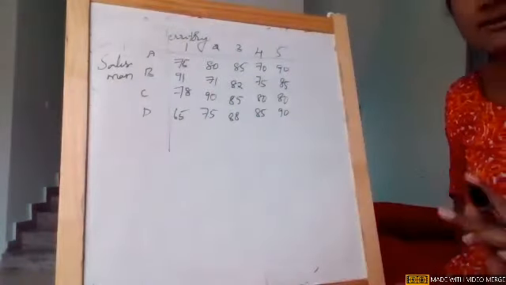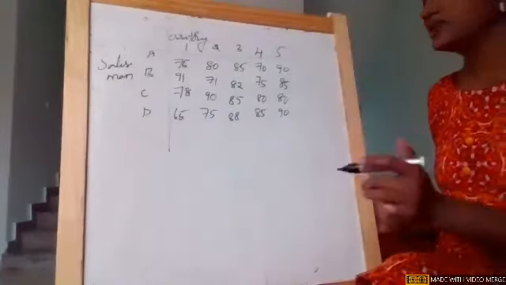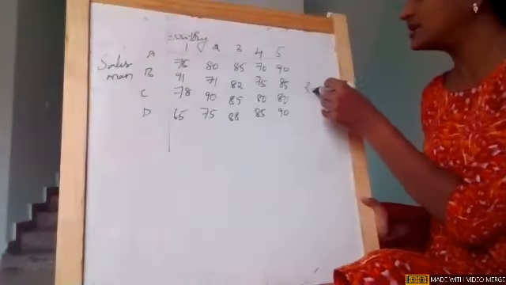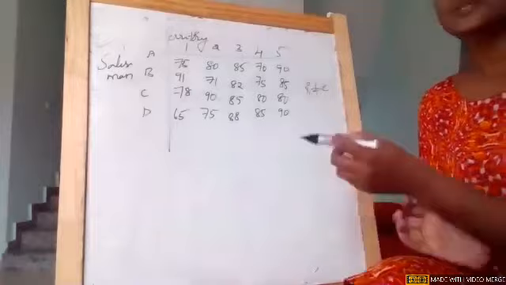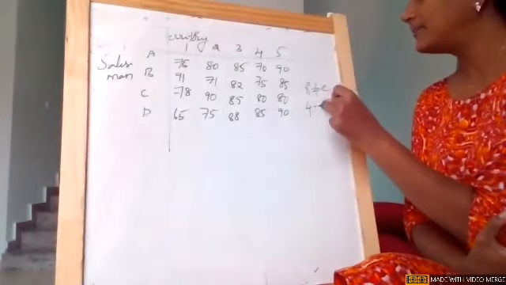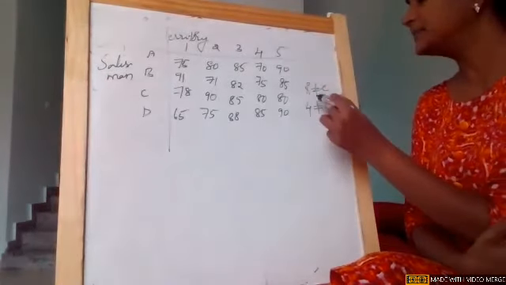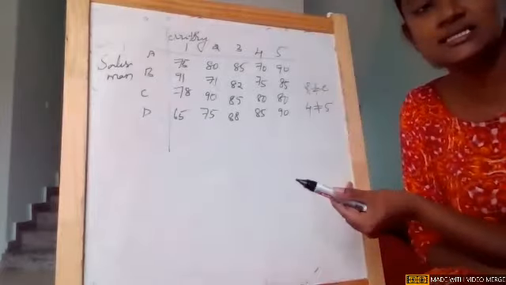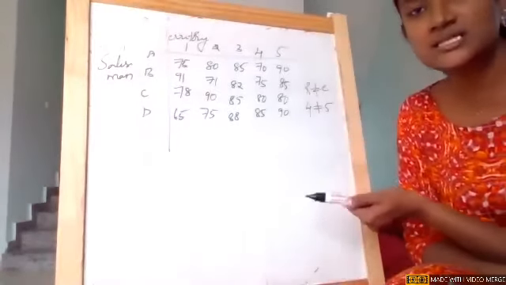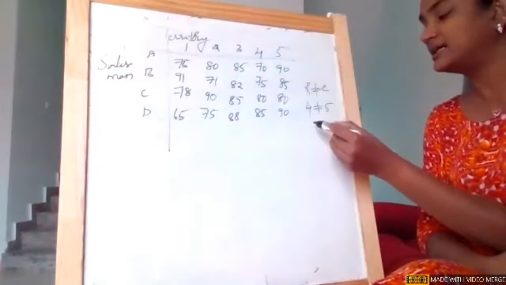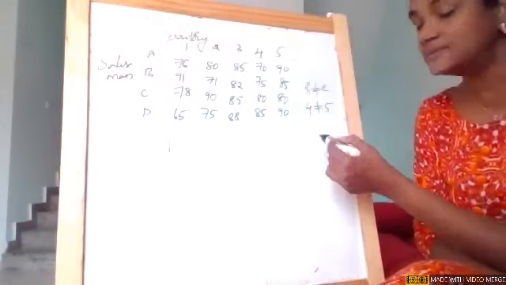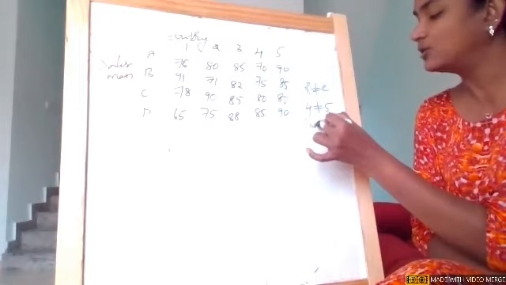First, what is our first step as per our algorithm? We need to check whether our rows are equal to columns. But here, our rows are not equal to columns. There are 4 rows, but 5 columns. So simple: if rows are fewer, insert a dummy row. If columns are fewer, insert a dummy column. As per our case, we have fewer rows than columns, so I'll insert a dummy row.